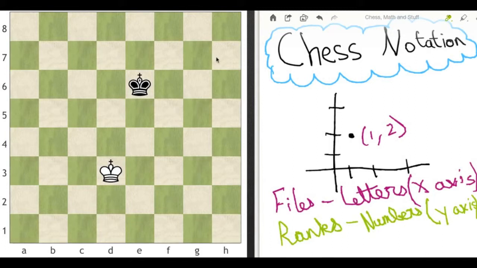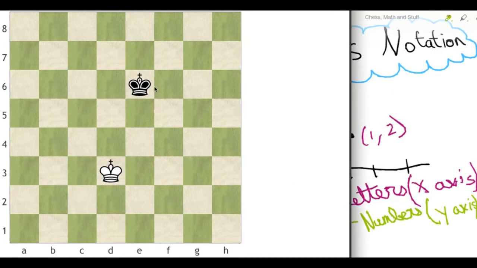Just like you would find a coordinate on a graph, it's really the same thing here in chess, on the chessboard. So if I were to ask you to name this square here, you find the x and y, just like 1 2. And what's your x-axis here? Your file, which is f.